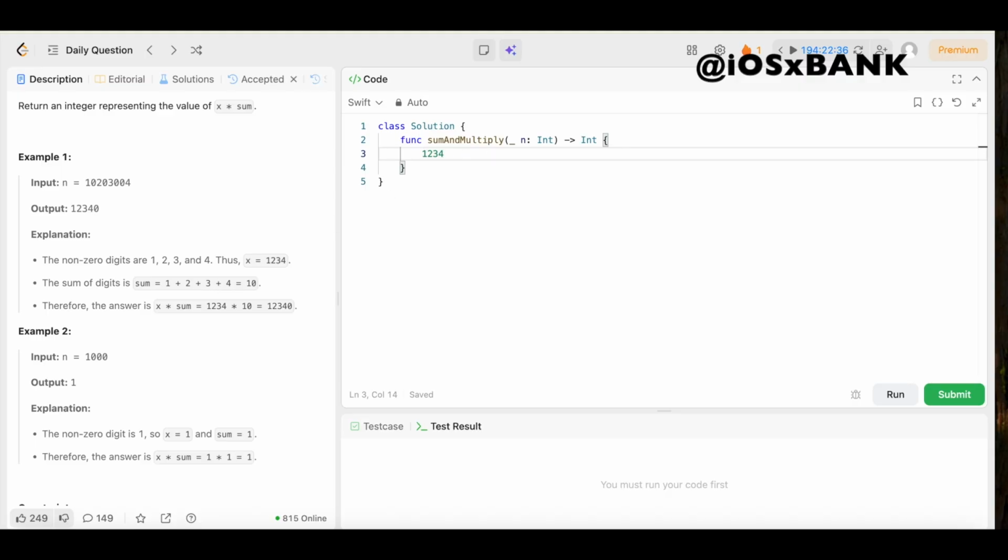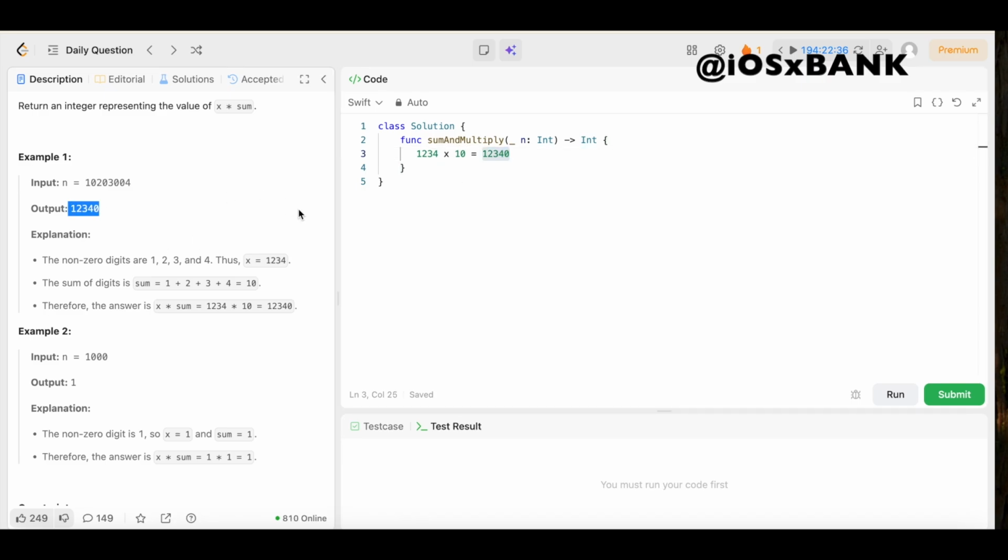Therefore, the answer is x times the sum. X is 1234, the sum is 10, we multiply those together, we get 12,340. And this right here is our output.